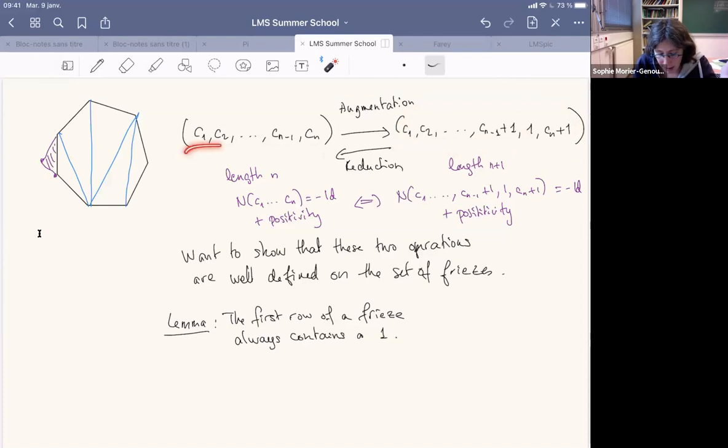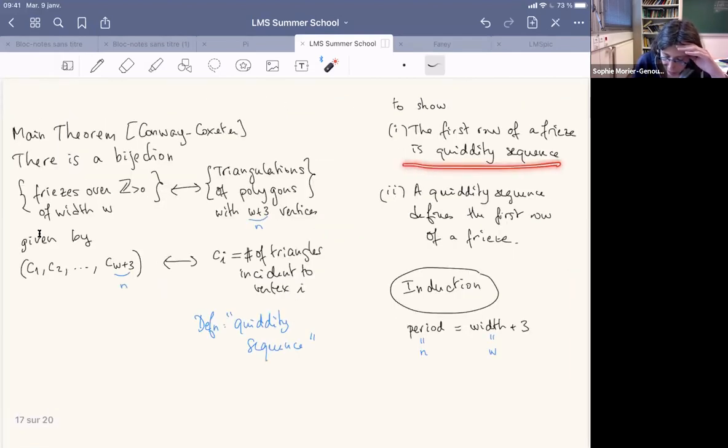So it comes from a quiddity, but the operation that you made tells you that this is necessarily a quiddity sequence because the operation is just equivalent to removing a triangle. So it works in both directions. With all of this, you are able to rewrite nicely the induction. I don't want to write this in detail, and I hope it's clear. If it's not, just tell me.